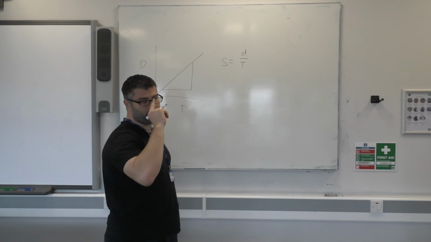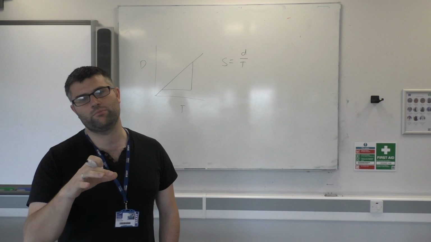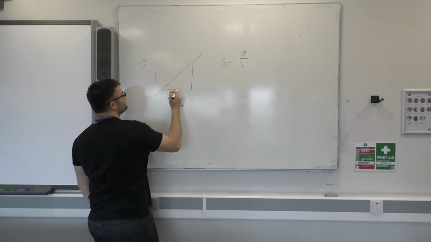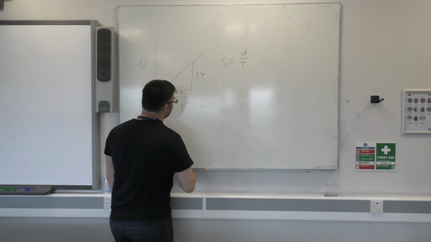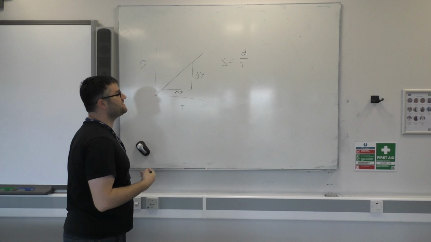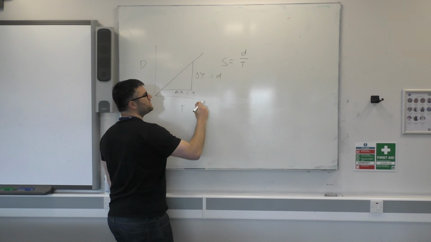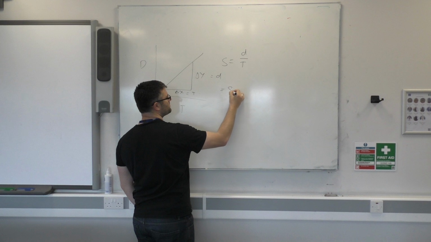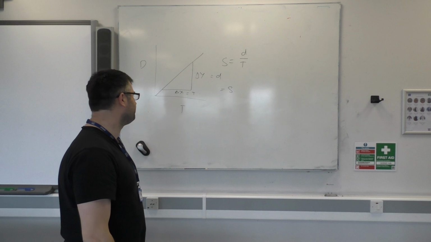Now, we won't talk too much about gradients now, but we will do a video on some mathematical techniques at a later date. So the gradient of this graph, change in y over the change in x. So that y divided by x in this case is the distance, that is the time. So if you divide those by each other, the gradient is equal to the speed. So the gradient on that line is equal to the speed.